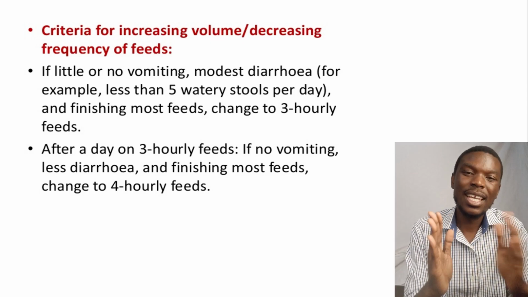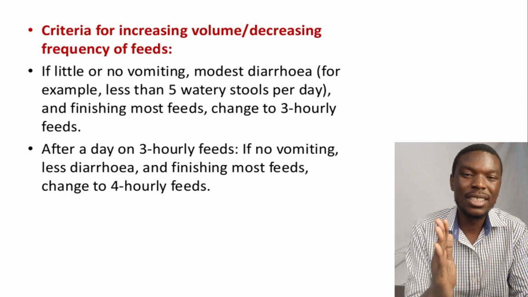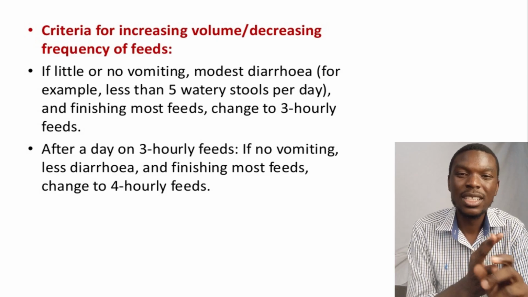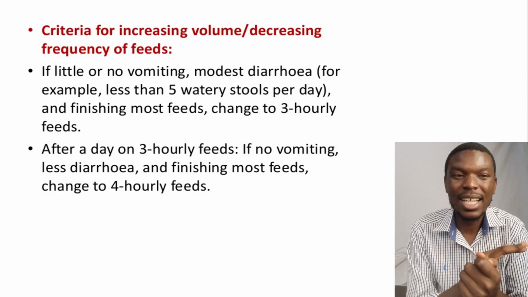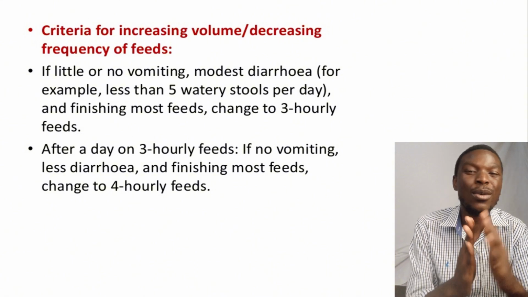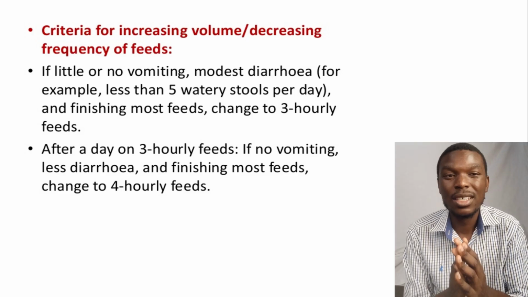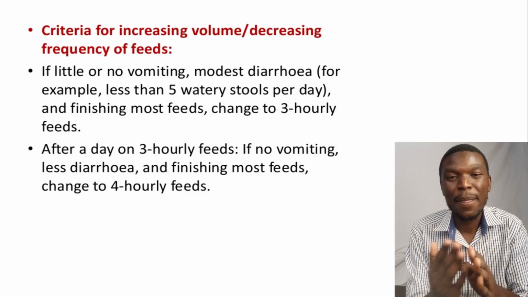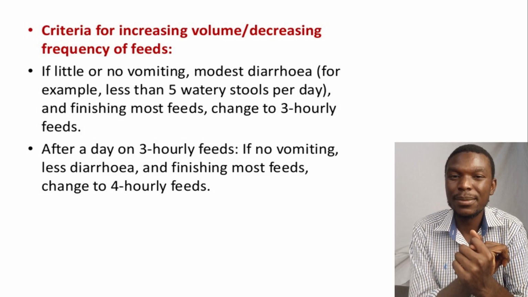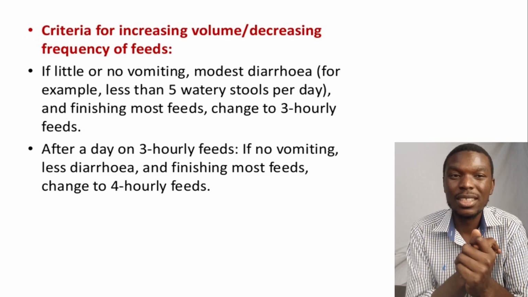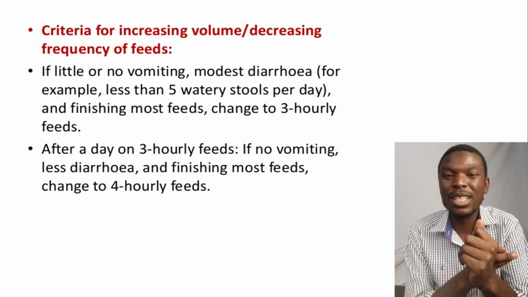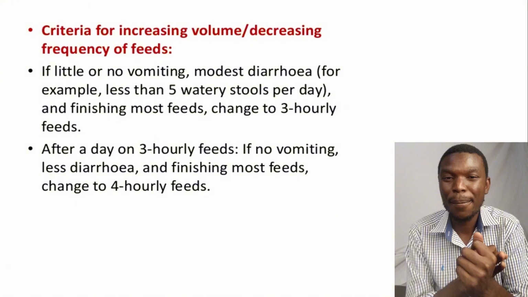If a day of this 3-hour feeding has passed and the child is not vomiting, has less diarrhea, and is finishing most of the feed, you can increase it to 4 hours. So increasing these feeds is basically dependent on whether the child is feeding 80% of the feed, is not vomiting or has little vomiting, and has less than 5 watery stools per day.